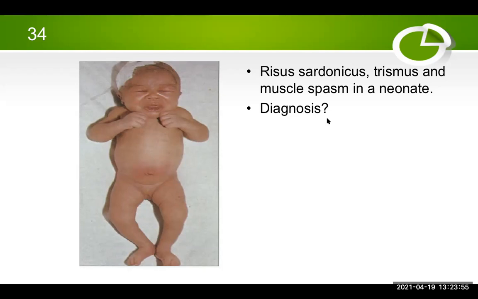In this case, probably he is not vaccinated, so we can go for TIG, and later on we can give tetanus vaccine also. Exactly. And we can also go for breathing support, because maybe in this condition the respiratory system may be compromised.